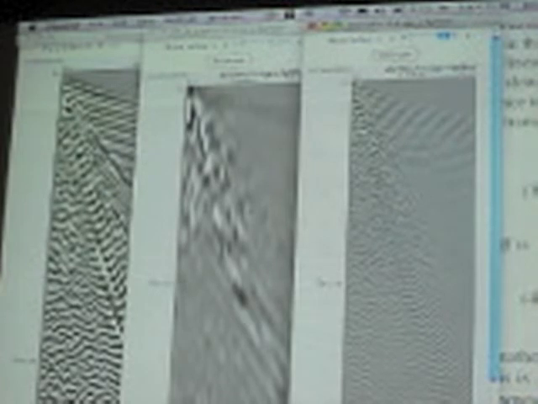So in the middle is the same record, which is the second record in this set, which is filtered down to 4 Hertz, so it only contains energy at 4 Hertz and below. And on the right, the record only contains energy at 14 Hertz and above.